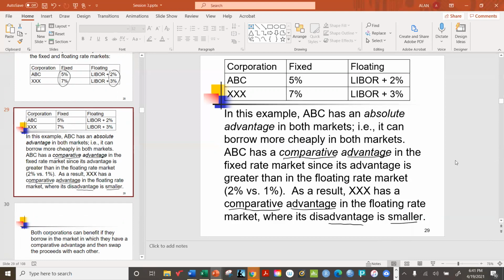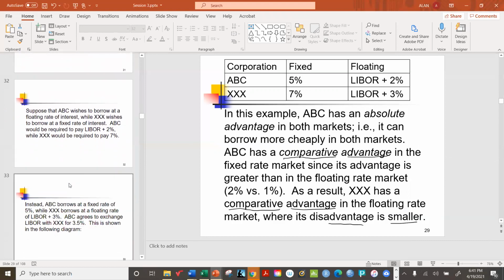And let's say XXX has the opposite outlook, so they would like to borrow in the fixed rate market. It turns out they can save money if they borrow in the opposite of the market that they want to, and trade the cash flows with each other. So how exactly would that work?